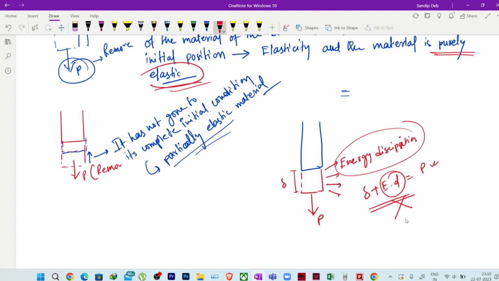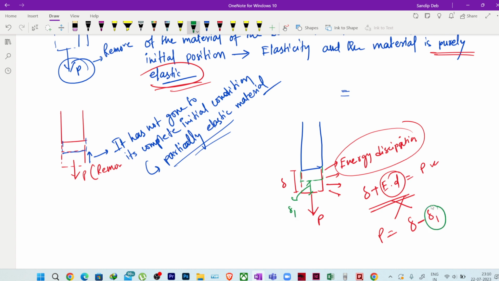So if you want to make P and delta equal, in this case you need to subtract some value. So suppose some delta 1, so it will come up to here, and this is my delta 1. So now it is balanced.